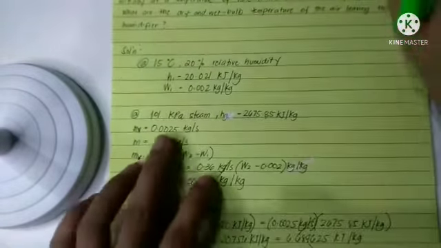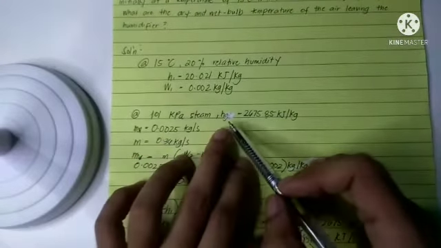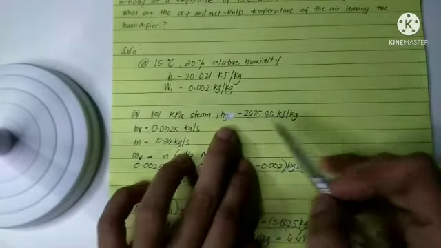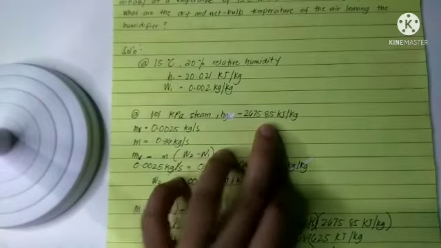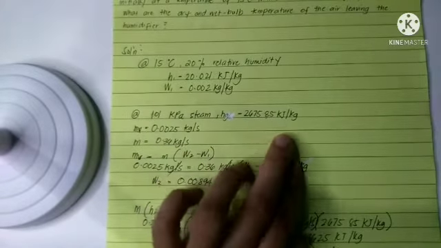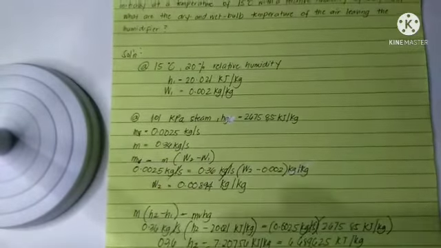At 101 kPa steam, our enthalpy of vapor is 2675.85 kJ per kg.